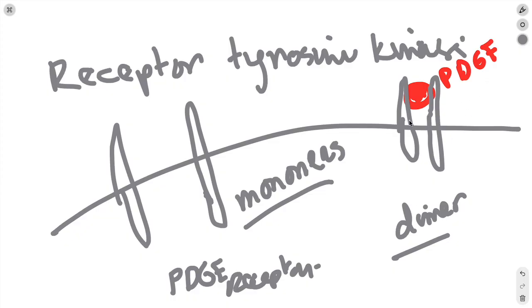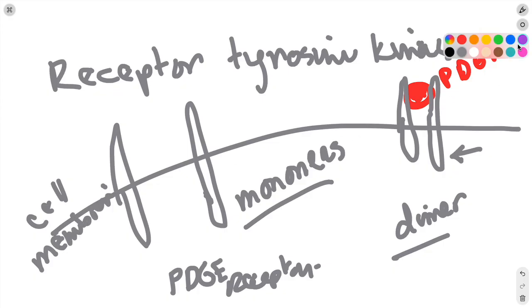And when they do, that brings their intracellular domains, I should have said, this is the cell membrane that we were talking about here, close together, and it activates them, and their intracellular domains are enzymes. So there's an enzyme catalytic site there, and they're kinases.